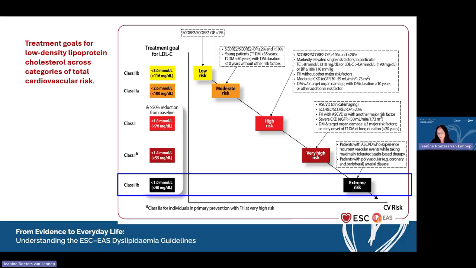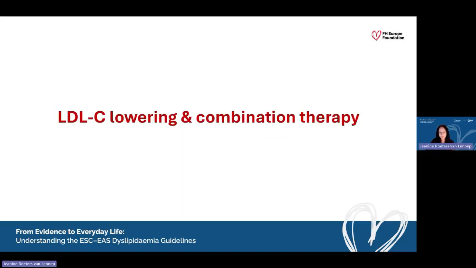For example, they had a stroke and myocardial infarction, so in the brain and in the heart. Those people you can consider to have even lower LDL targets, for example, below 1 millimole per liter or 40 milligrams per deciliter.